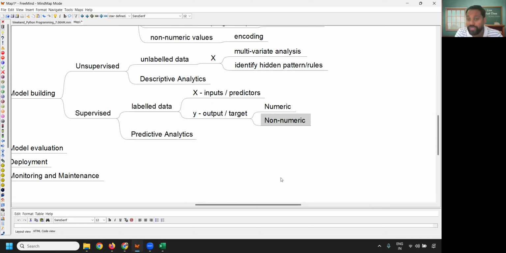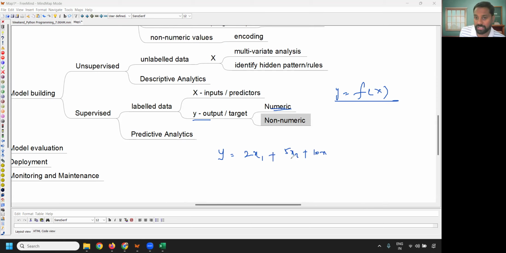Now, if this output variable is numeric, then it is easy for me to develop a mathematical expression, as I was giving an example: Y = 2x1 + 5x2 + 10x3 + 8x4. Like this, a simple equation that you can see, right? It is all pluses, so it's a linear equation.